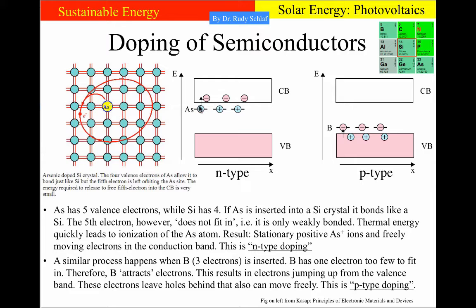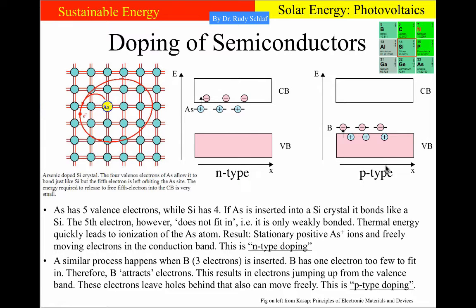And this is what you see here, right? We have the stationary arsenic that is bonded inside the silicon lattice, and one of the electrons is now a free electron that moves around in the conduction band. So this can participate in conducting a current.